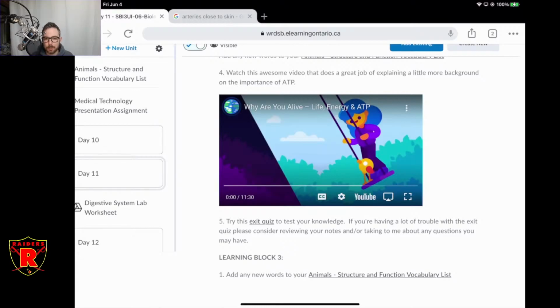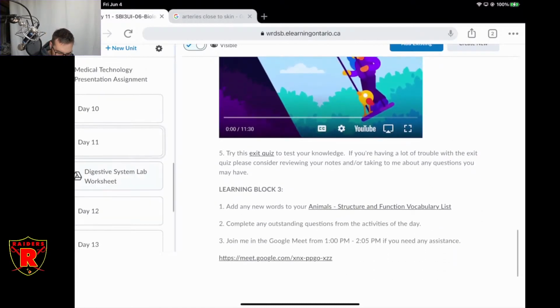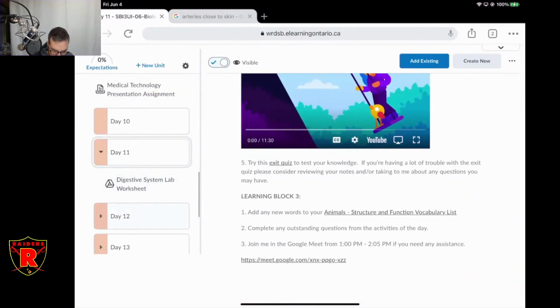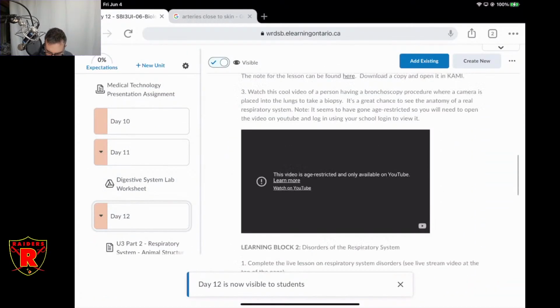The respiratory component, which we're going to get into now, is where you get the gas component of that, the oxygen. And it's all about getting the oxygen into your body and transporting it to your cells. So getting it into your body is the respiratory system, and transporting it to your cells is the circulatory system, which is the last system that we're going to discuss. So anyway, this provided you with a little bit of an introduction. Today's day 12, by the way, although I'm sure you already know that.